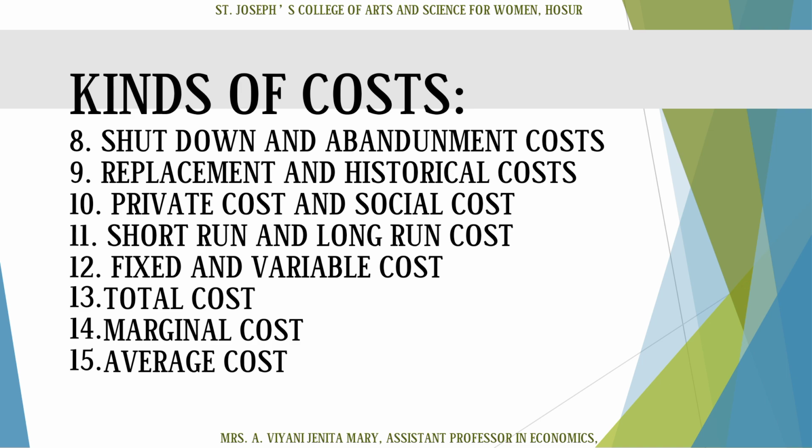Then short run and long run cost. Short run costs are accumulated in real time throughout the production process. For example, employee wages. We spend these only for one month or one week, like that. Sometimes the wages will be given weekly or monthly. So employee wages and cost of raw materials are coming under short run cost.